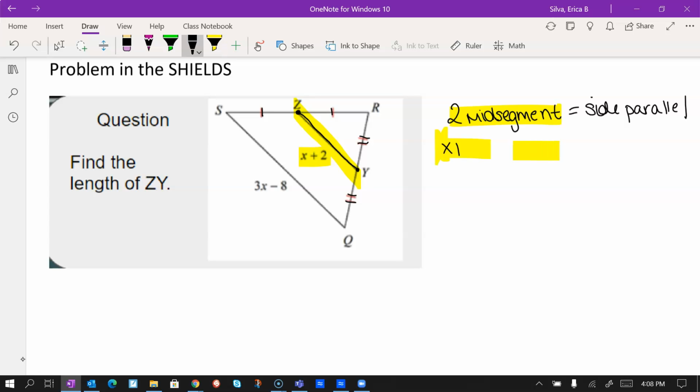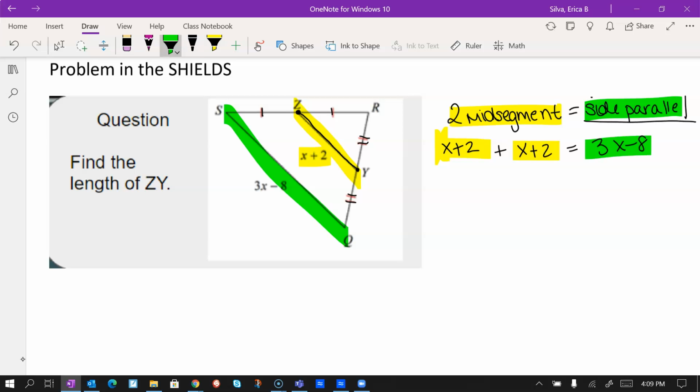So we've got x plus 2 plus x plus 2 is equal to the side parallel to it. We know that this side is parallel to it, and we get 3x minus 8. So in order to find ZY or YZ, which is this one here, we need to solve for x.